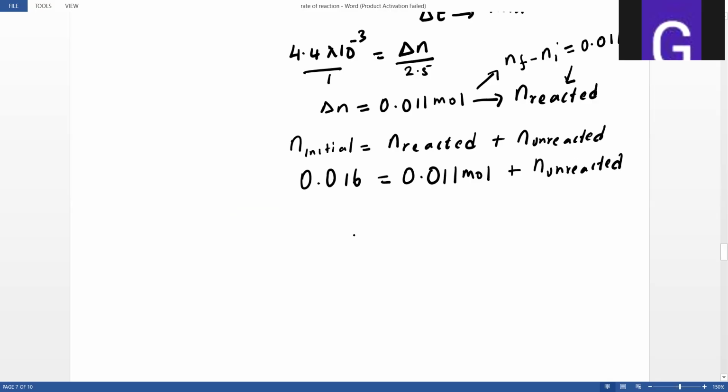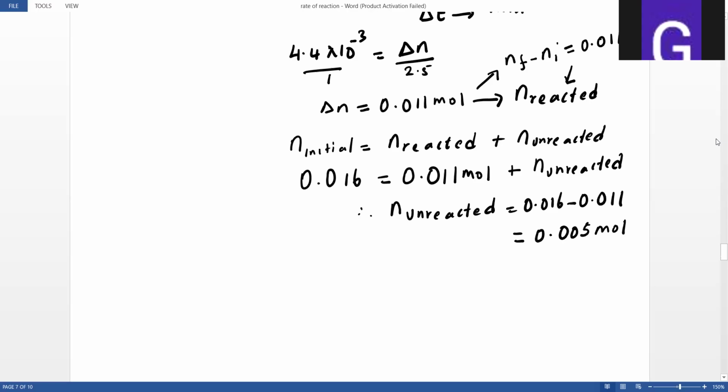So the number of mole that remained in the system will be 0.016 minus 0.011, which is 0.005 mole.